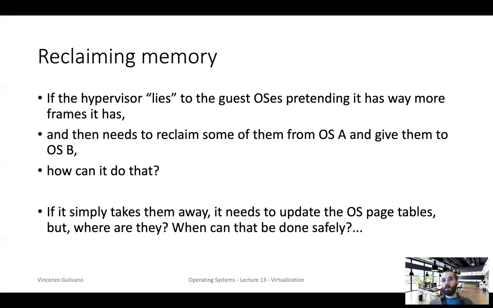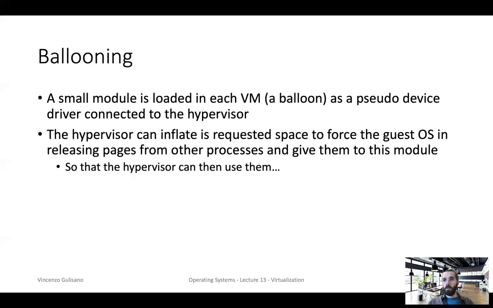Of course, you cannot simply take them away, because then you can disrupt the memory of the guest operating system. So a trick you can play here is called ballooning. You can load a small module in each virtual machine as a pseudo device. It's not a real device, but a pseudo device driver that is connected to the hypervisor. By doing this, you create a communication channel between the hypervisor and each guest operating system.